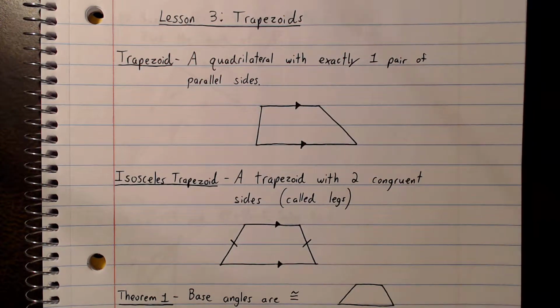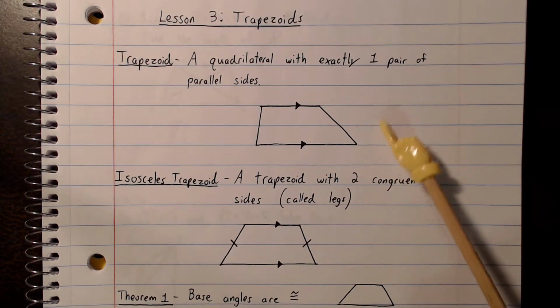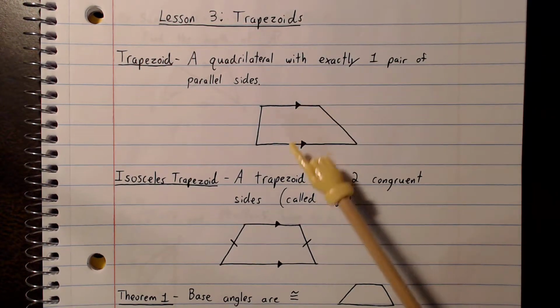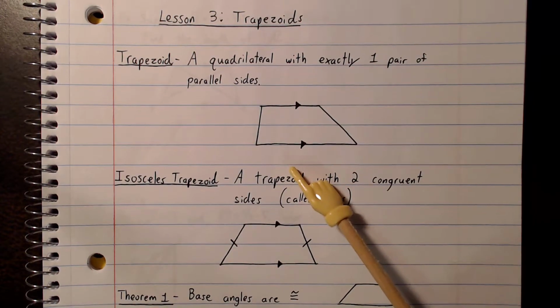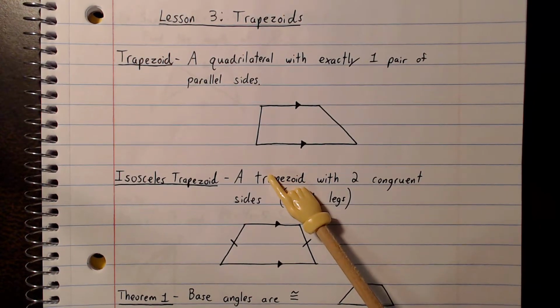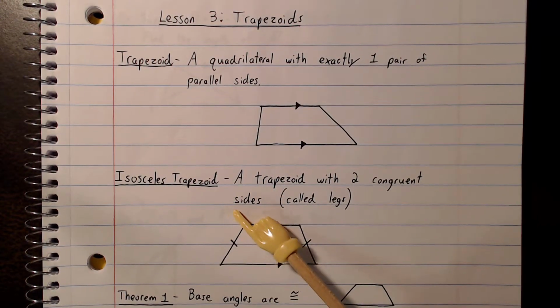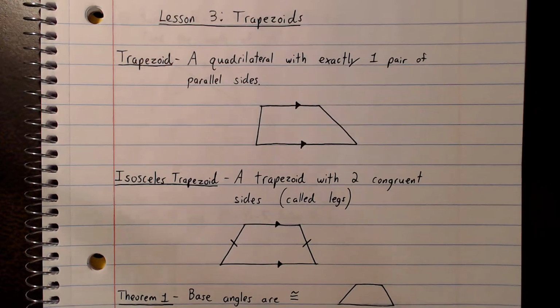So we're going to see two of them, right? The first one fits the definition exactly, where we have just one pair of parallel sides. This is not what we usually think of when we think of trapezoids, because since like first grade we've been playing with those nice blocks where the trapezoid looks even on both sides.